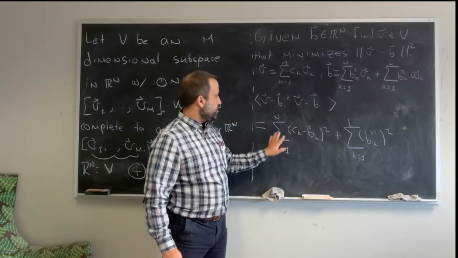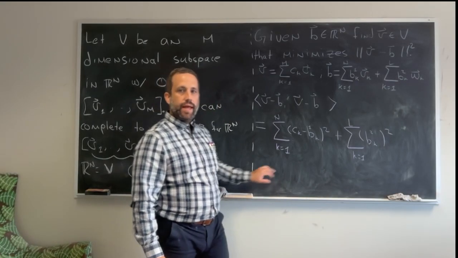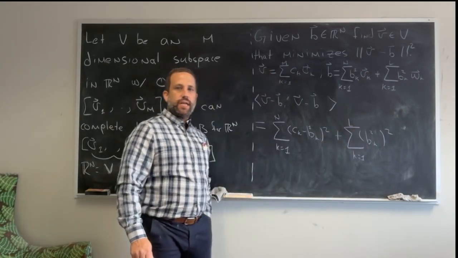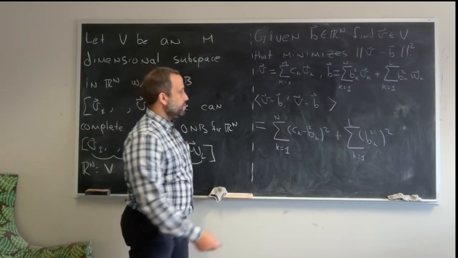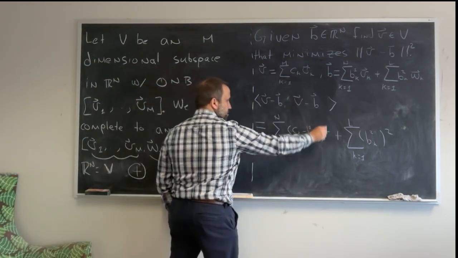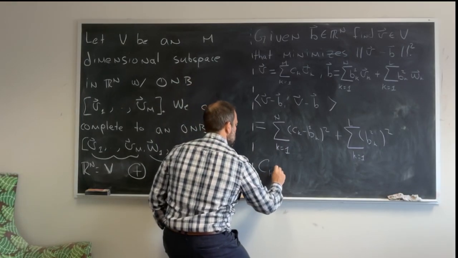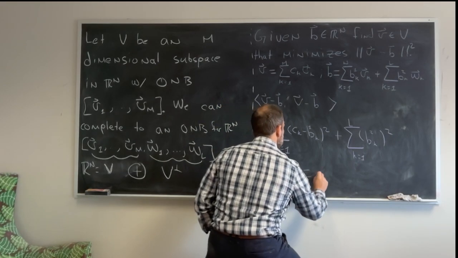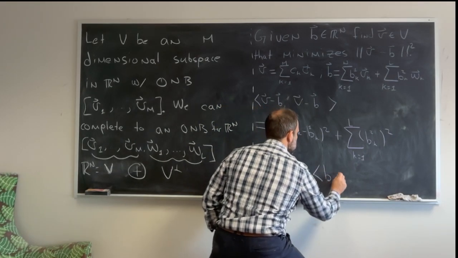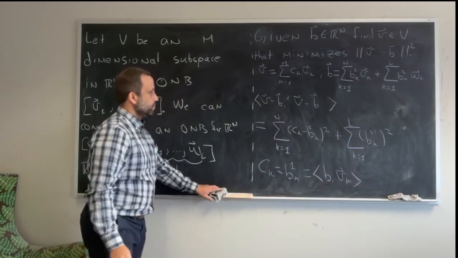Each sum is a sum of non-negative terms, so it is non-negative. To minimize it, the first sum must be equal to 0, in other words where ck is equal to bk1, which we know is just the inner product of b with vk.